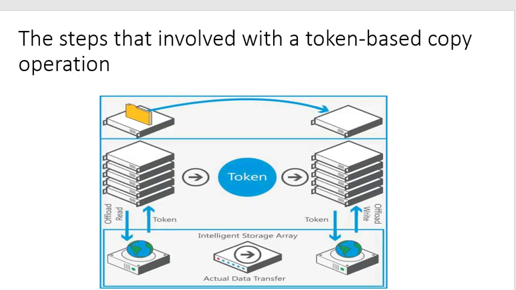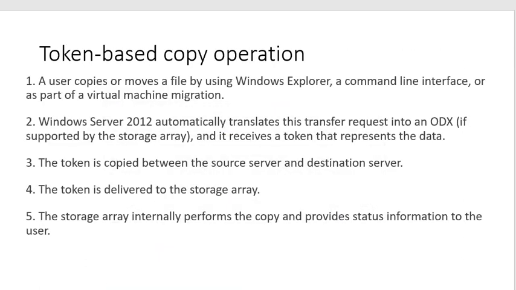A very high-level look at how that will appear: the steps as we described earlier, involving token-based copy between the VMs, and you can see the underlying intelligent storage array shifting and copying data across the journey from the source to the target.